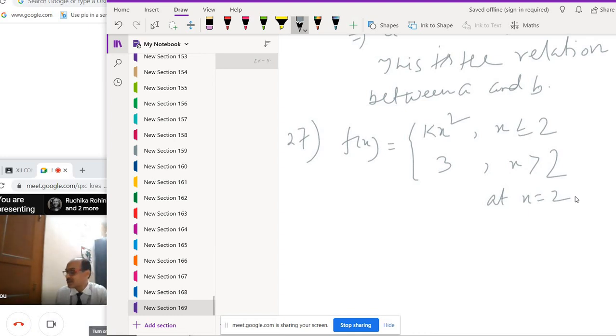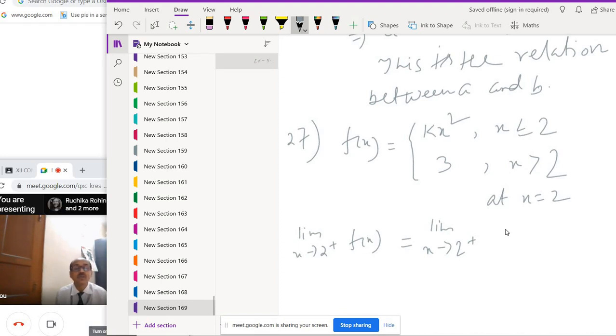And it is given in the question that the function is continuous. So you have to find the right hand limit and left hand limit, and both are equal because it is continuous. The right hand limit, x tends to 2 plus f(x), means when x is greater than 2.